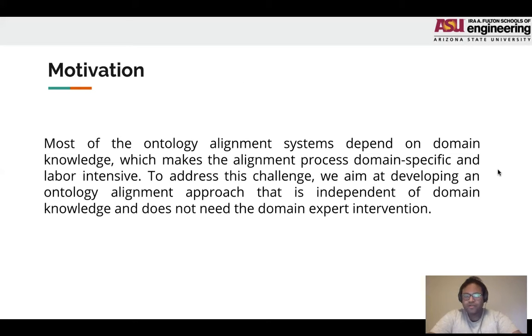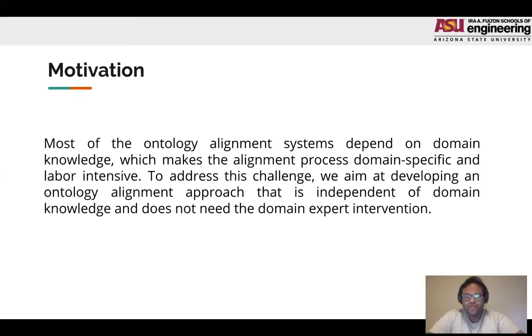The main motivation is that in most of the state of the art ontology alignment, there is an involvement of the domain expert, and in most cases it's rule based.